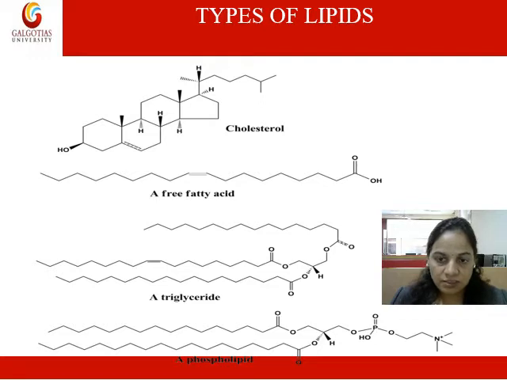This is a triglyceride, a very complex macromolecule which is biologically active and present in the plasma membrane. All are examples of lipids. And the phospholipid can be seen here. Structurally, it is very complex.